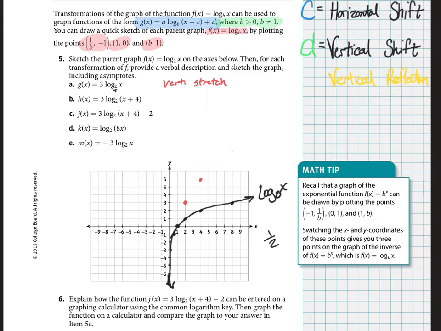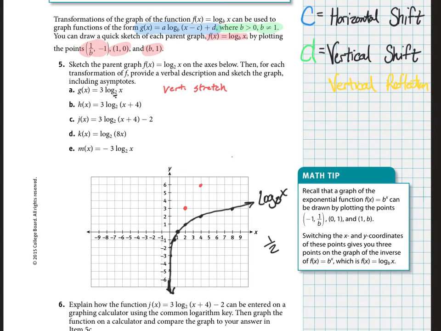Same thing here: when you triple a -1, it's now -3. So you can see that this has been stretched, still going through the 1. It's been stretched to triple. So that's what our first transformation would be.